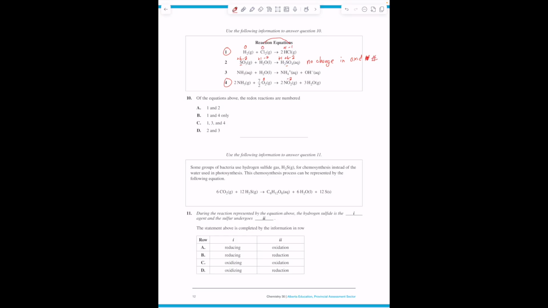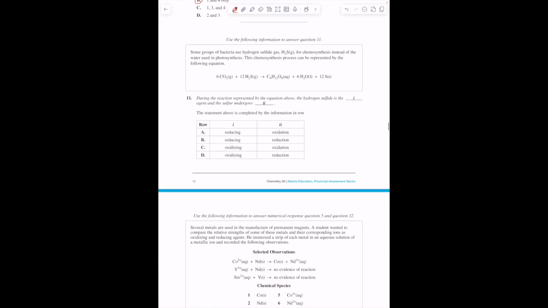So 2 is out. H is +1, -3 +1 -2 +1. It's got to be a positive 1, so -3 and 4 positive comes out to +1. -2 +1. The N is a -3 and a -3. Nothing else changed. That one's out. So the answer is B, 1 and 4 only.